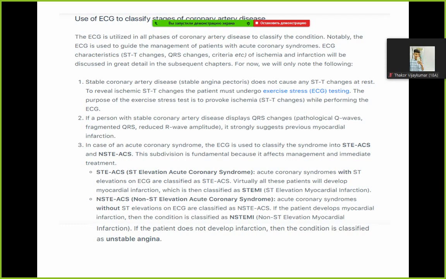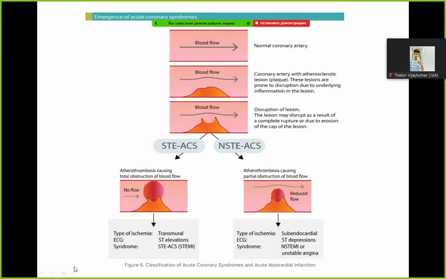Non-ST elevation acute coronary syndrome patients may develop myocardial infarction, non-STEMI, or may have unstable angina. This slide also represents the classification of acute coronary syndrome into STEMI and non-STEMI.